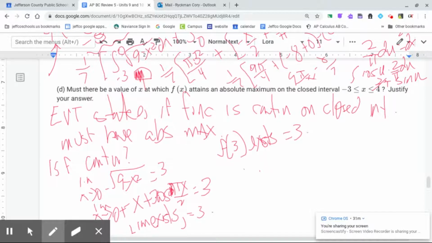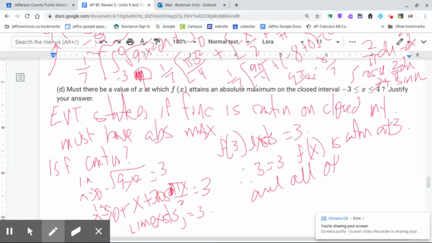And therefore, because 3 equals 3, F is continuous at 3 and at all interior points. And so, all other x in negative 3 to 4, because each of those branches is continuous.